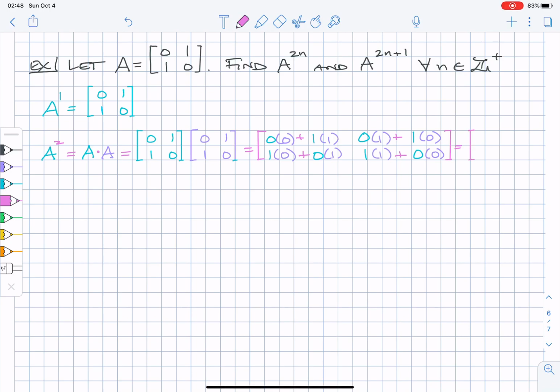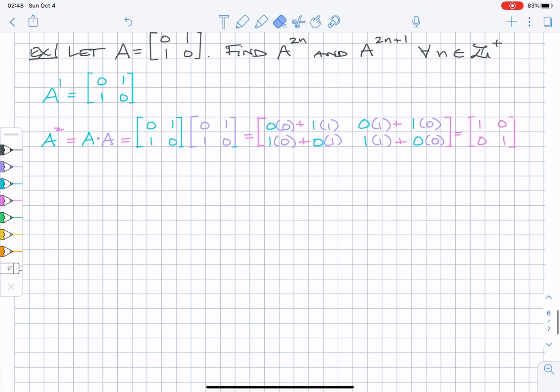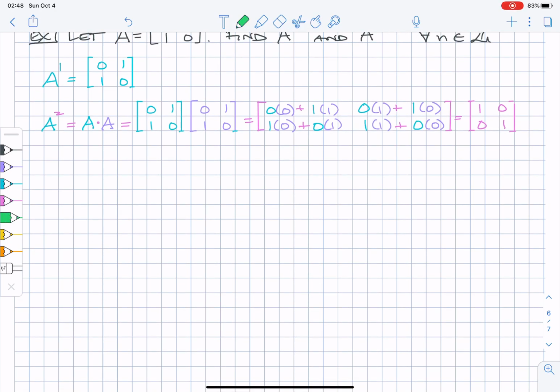So I claim that this is 1, 0, 0, 1. Actually, no, we don't know what that is yet, so I can't state that.